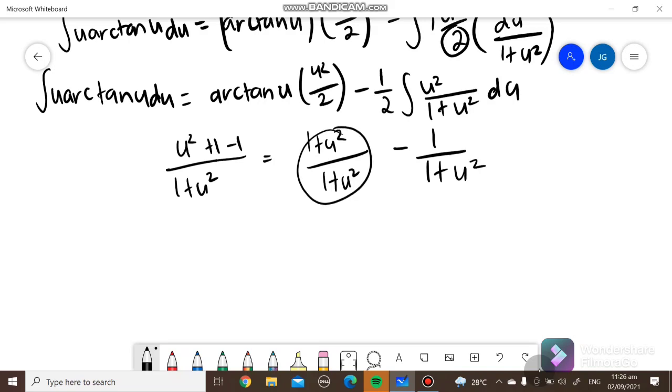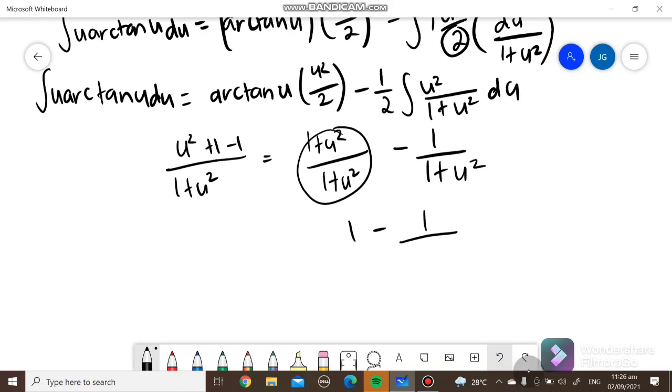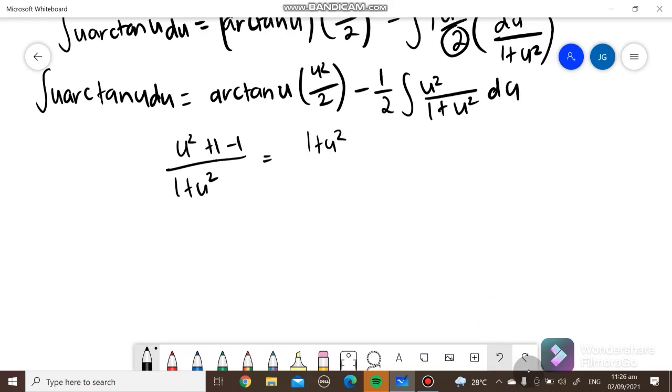So, this is just equivalent to 1 minus 1 over 1 plus u square. So, ito yung ilalagay natin dito. I-rewrite natin siya as that way. Okay? So, let's head on to our solution.